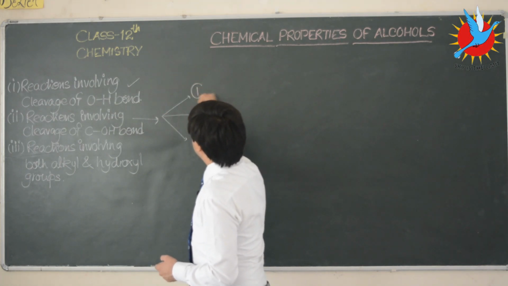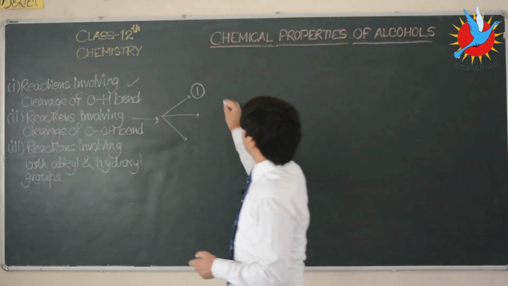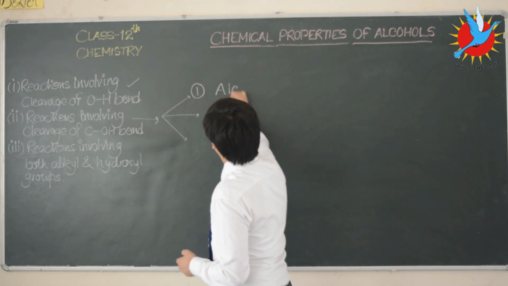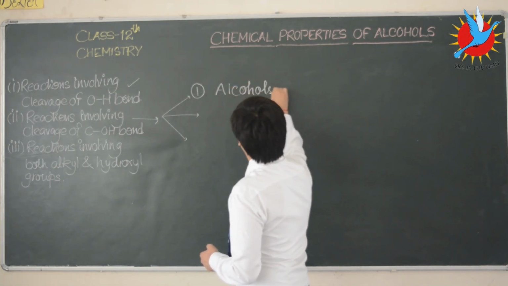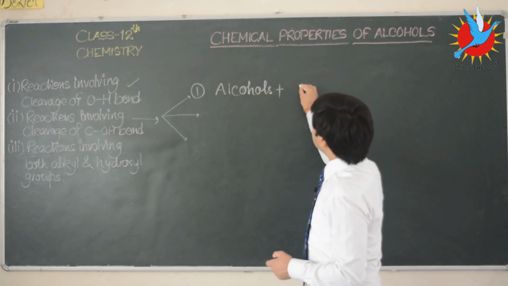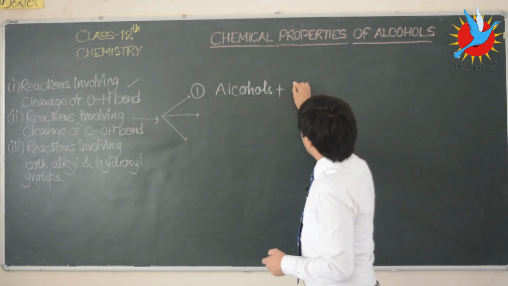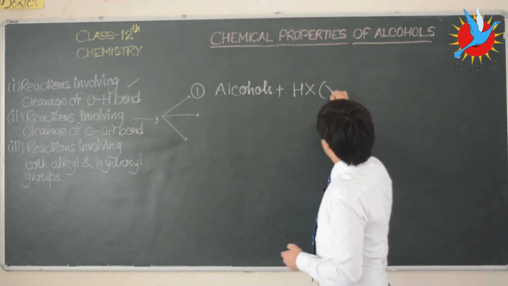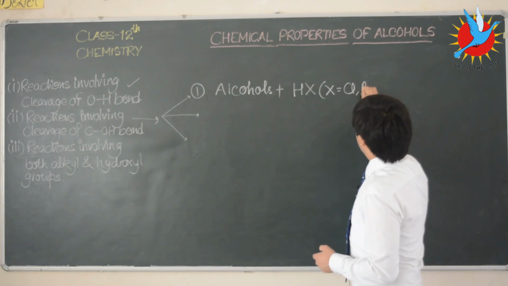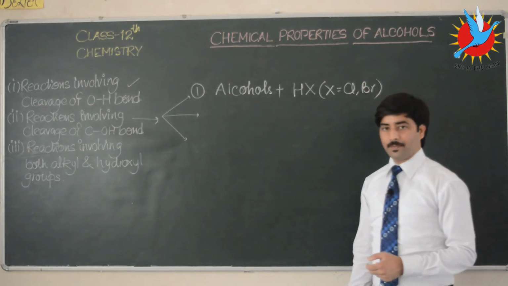The first reaction is in which alcohols react with HX, where X represents chlorine or bromine most of the time.